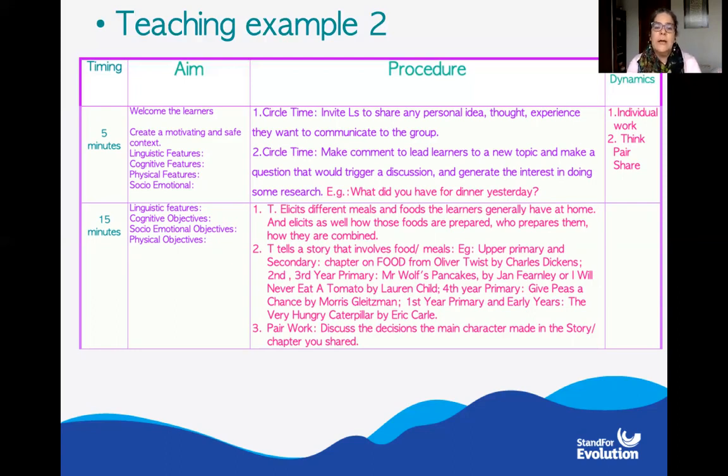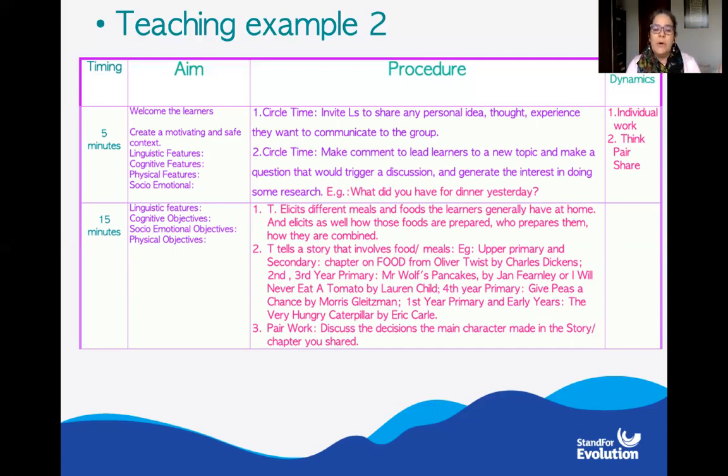If we have second or third year primary, you might be talking about the wolf pancakes, and you can Google these authors, right? Or maybe if you have 4-year primary, you might have Give Peas a Chance by Maurice Wilsman. Or first year primary and early years, The Very Hungry Caterpillar is a good example of somebody who brings in lots of food for the children to discuss and talk about.